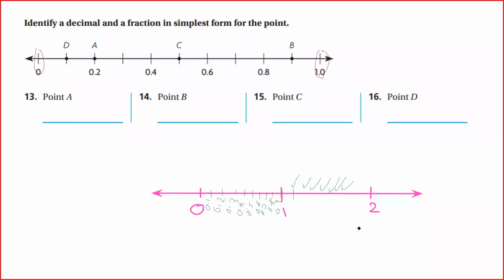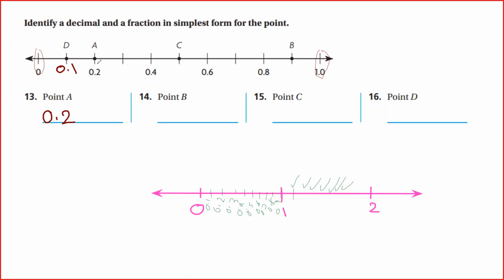Now, number 13. Rand. Point A. What is the decimal number? It's 0.2. Bravo.